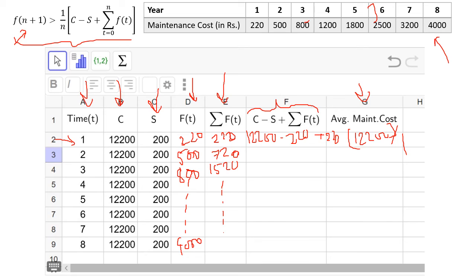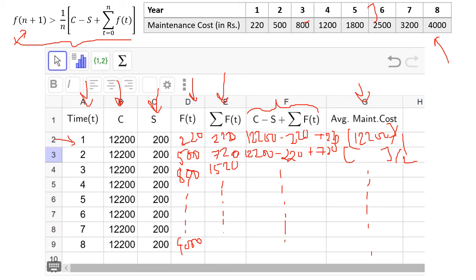Then similarly, during second year, we have C is same, so 12,200 minus scrap value is 220 plus the cumulative maintenance cost till second year, 720. So this quantity divided by 2.